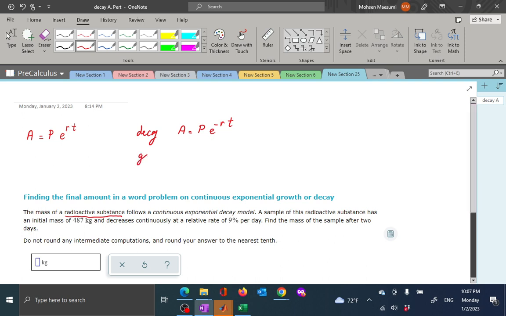And in case of the growth, A is P times exponential of rt, where r is the population growth rate, and that's again in decimal.